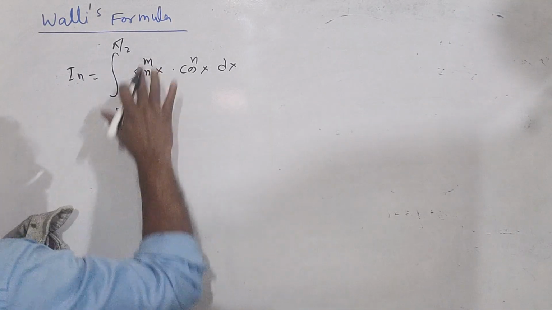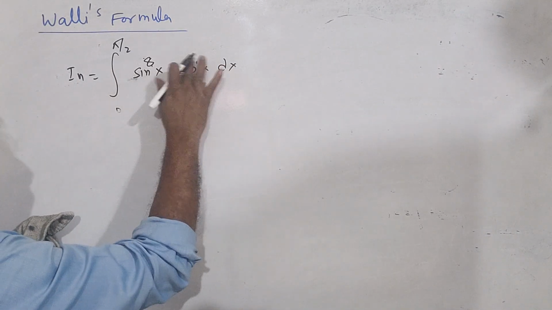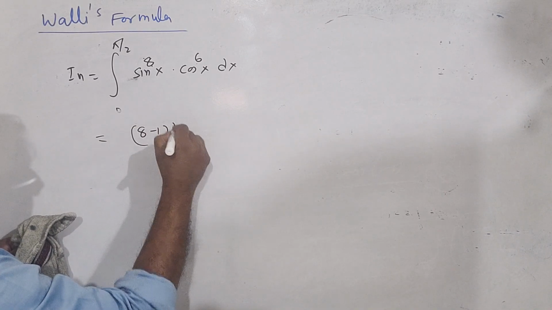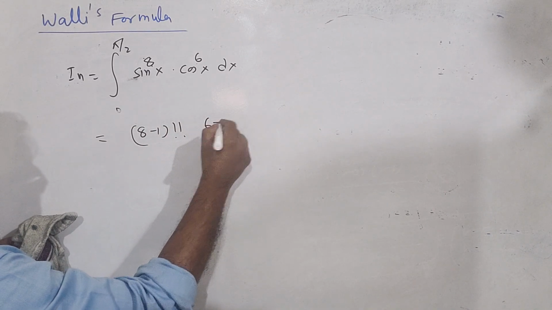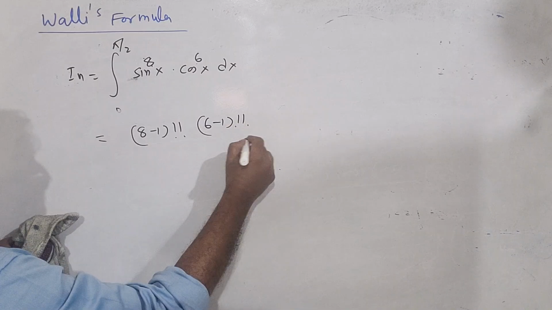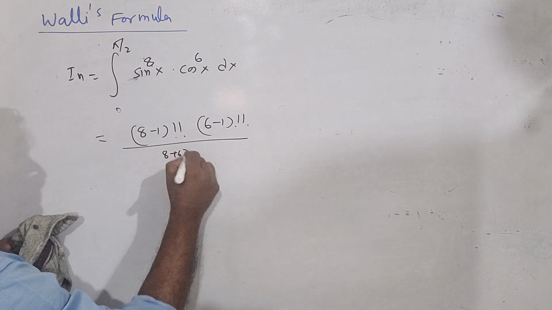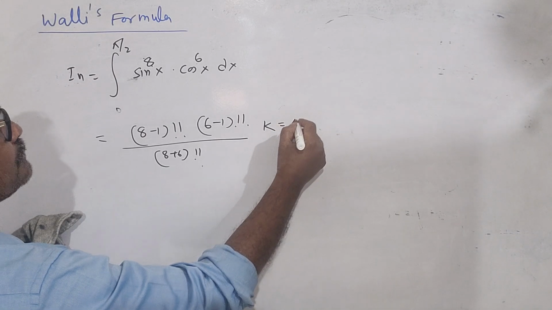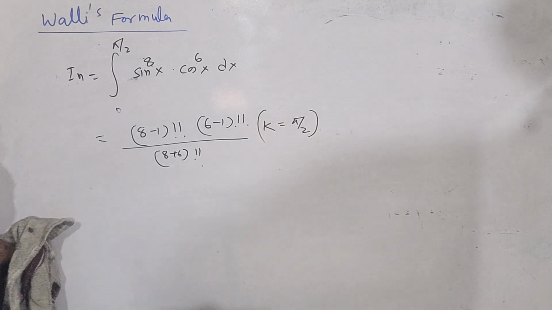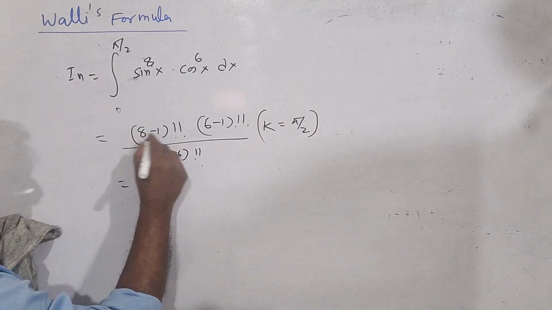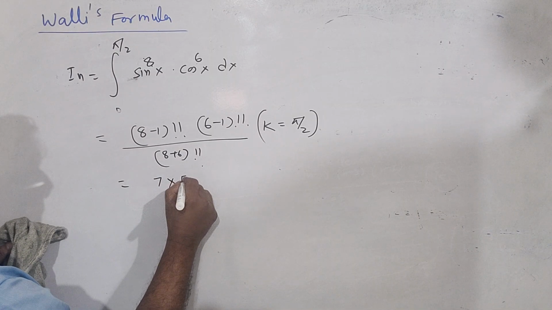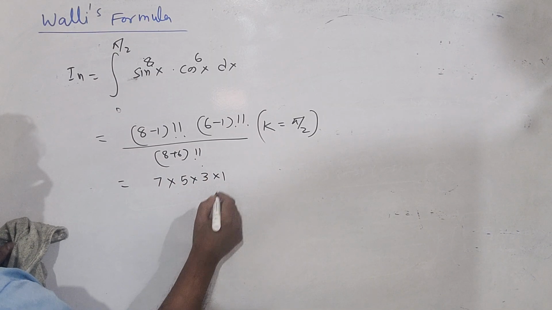Okay, let's suppose that this is 8 and this is 6. So therefore it is 8 minus 1 double factorial into 6 minus 1 double factorial into 8 plus 6 double factorial into k, where k is pi by 2 here, correct, because both are even. So 8 minus 1 means 7 double factorial, 7 into 5 into 3 into 1.